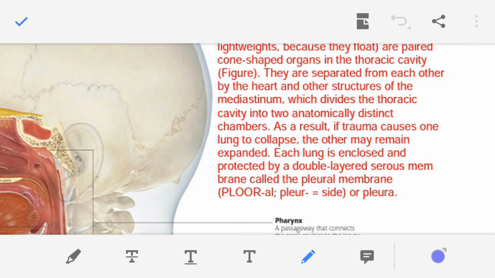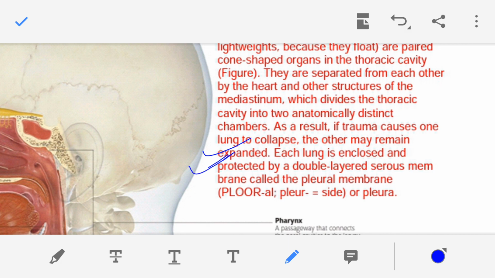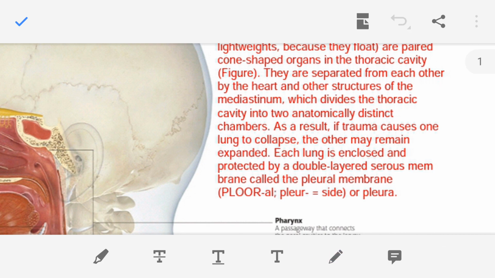So in case of trauma, let's say a person experiences an accident, it is possible that one lung has collapsed. At that time the other lung remains expanded, and the person survives with this one lung.